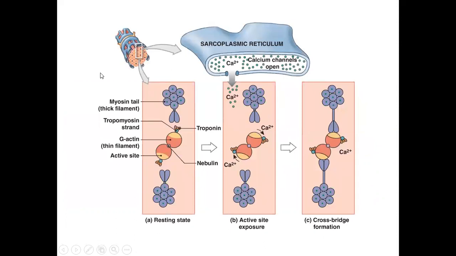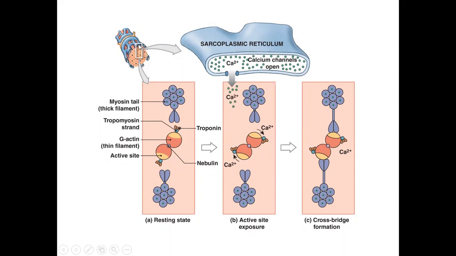So as you can see, this is a cut section of a myofibril. Remember, a myofibril comprises myofilaments. Myofilaments are mainly the actin and myosin. So if I cut a cross section, remember that diagram where we were cutting at various stages?